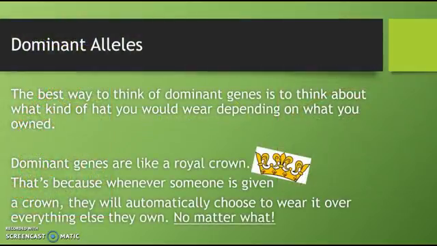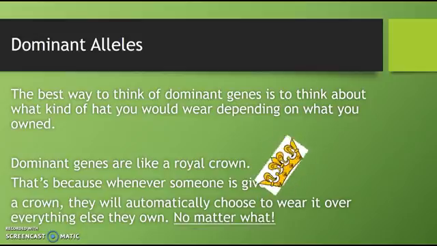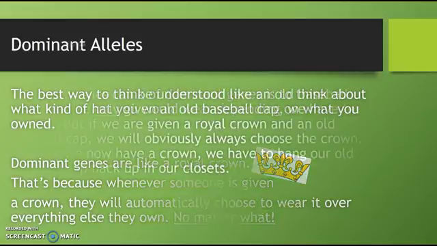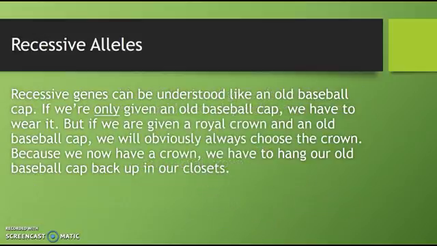Dominant alleles. The best way to think of a dominant allele is to think about what kind of hat you would wear depending on what you owned. A dominant allele is like the royal crown, because whenever someone is given a crown, they will automatically choose to wear it over anything else they own, no matter what. Recessive alleles can be understood like an old baseball cap.